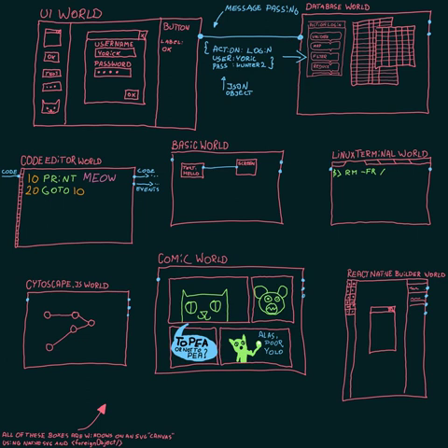I am personally looking forward to building a comic world, where panels with AI-generated art can be arranged beneath speech bubbles. Here, it will be possible to make webcomics. The output ports out of this world would be the images and their XY coordinates, and the position and text of speech bubbles. I always wanted to make a little comic creator to practice my SVG skills, but I could never justify it.